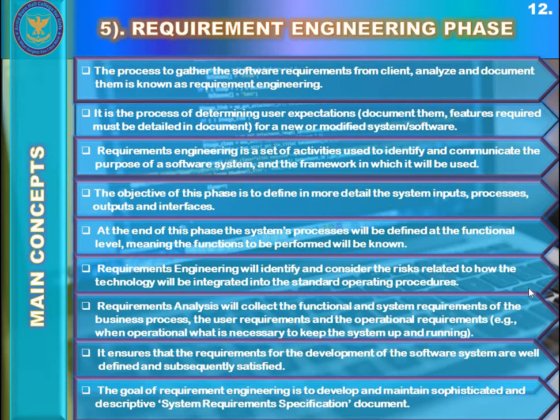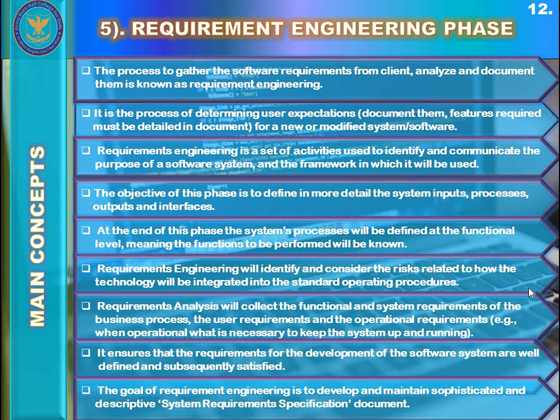The end users can say that they want these types of features in the new software which is under development. Those required features are detailed or listed in the document. So it is the process of determining user expectations for a new proposed software.